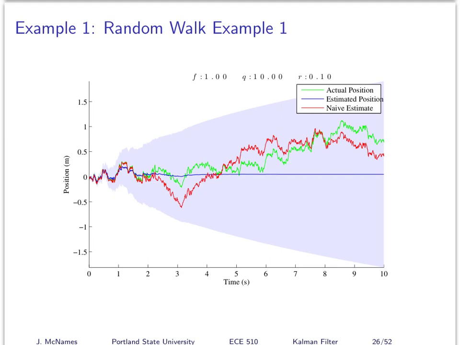And Franco? Sorry, I didn't catch. Could you just spend a few words again on where the naive estimate comes from? Sure. So what we're measuring, y of n, is approximately equal to the acceleration. And so the naive estimate, the way that I calculated it, is I essentially took y of n and integrated it twice.